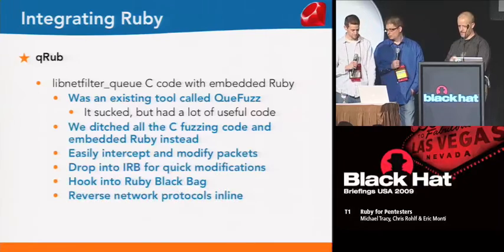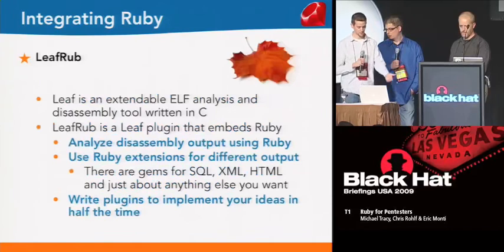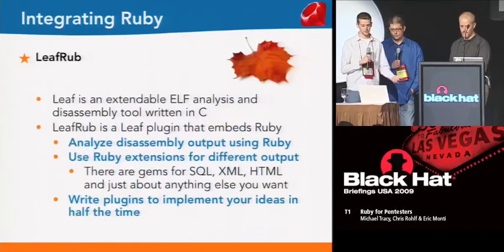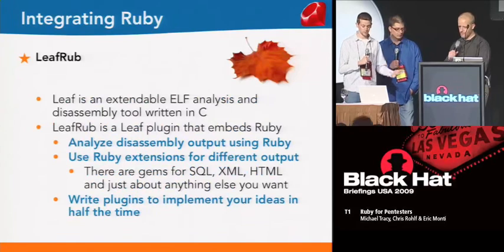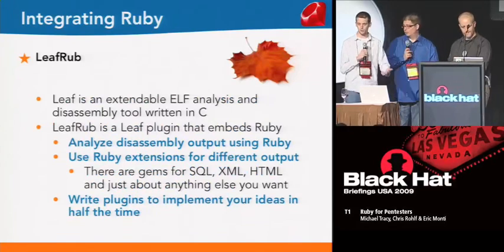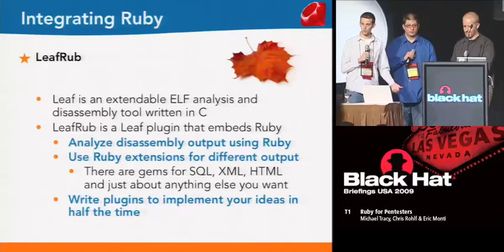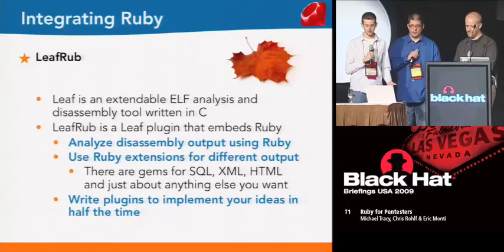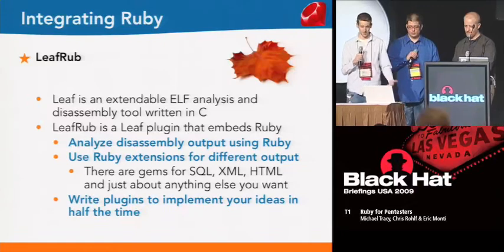Another example is LeafRub. Leaf is an ELF analysis framework written in C, but it's extendable with plugins. Chris Rohlf wrote a plugin that embeds a Ruby interpreter so you can do all this static code analysis in Ruby, not C, so you can do it in half the time.